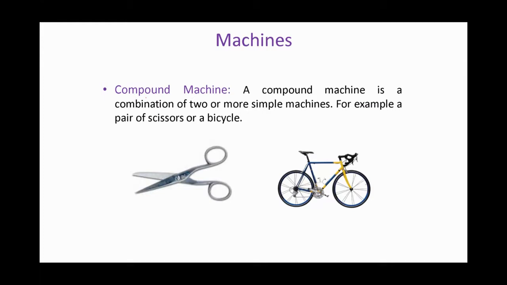Okay. The other one is called the compound machine. Compound مركبة, آلة مركبة. What is a compound machine? A compound machine is a combination of what? Two or more simple machines. Like here in the scissors, I have a lever, another lever. Lever means ذراع.